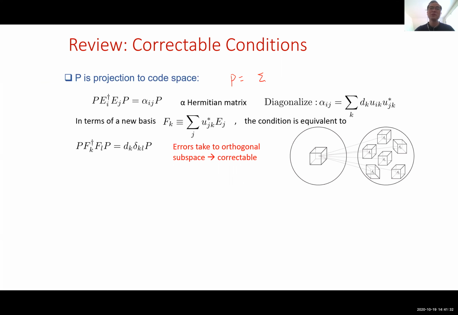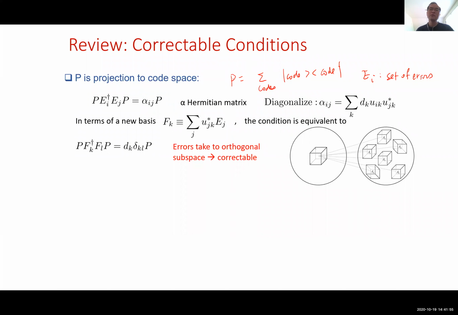It projects down to the code space. You run through all the code and project to that. So if you have errors, this E_i is a set of errors.